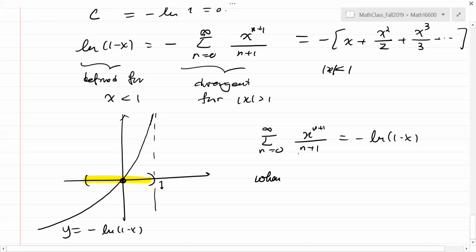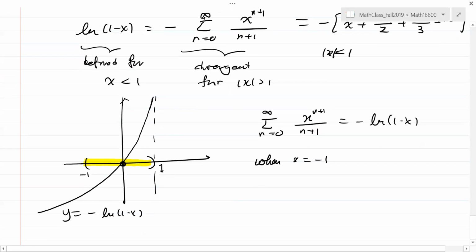This holds only for absolute x less than 1. But if you let x approach negative 1, you probably get a very interesting result. When x equals negative 1, the left-hand side is going to be negative natural log of 2. Whether this is true, we don't know. You have to verify that. So this is a question.